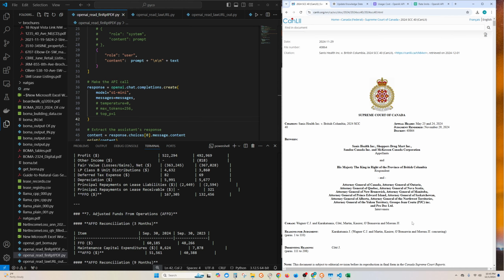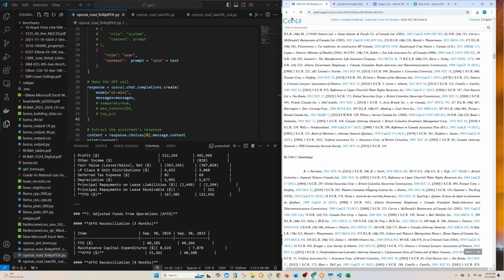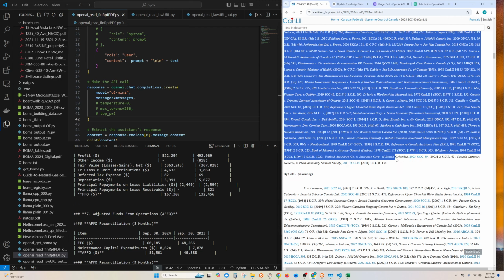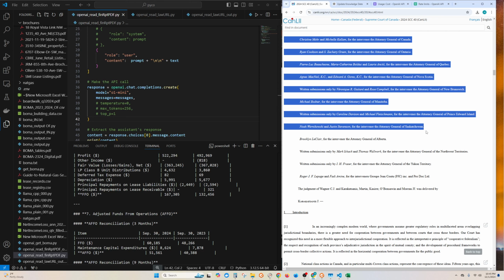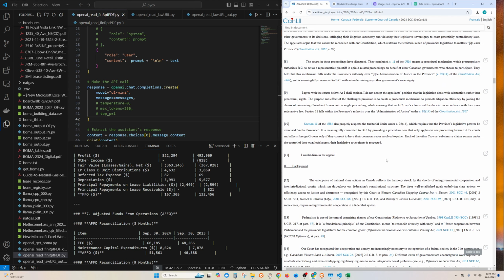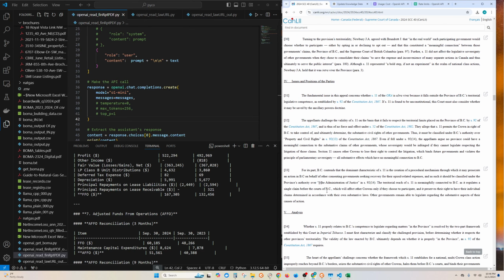But this document has a lot of pages and a lot of it's jargon. All of this stuff, it's just references. And each one of these paragraphs is a different point.